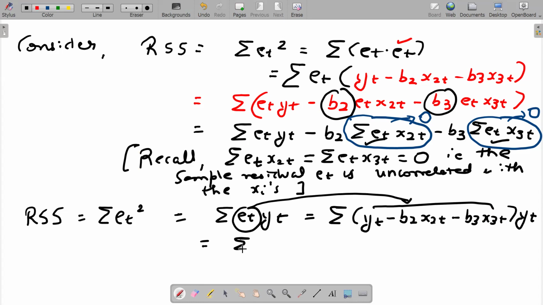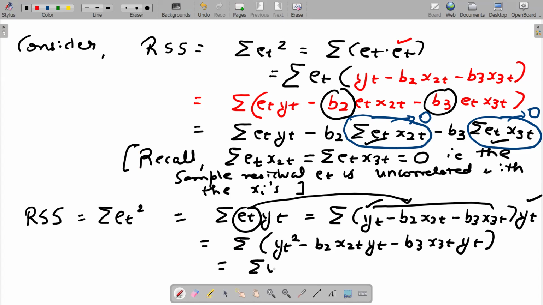If I open up, I get summation yt times yt. Let me do one thing, let me multiply first. So yt into yt square minus b2 x2t yt minus b3 x3t yt. If I open up, I get summation yt square minus b2, a constant, comes out of the summation, times summation x2t yt, minus b3, a constant, comes out of the summation, times summation x3t yt.